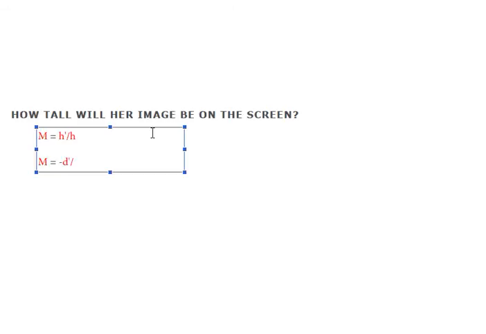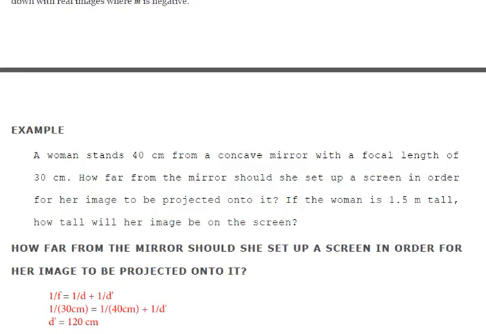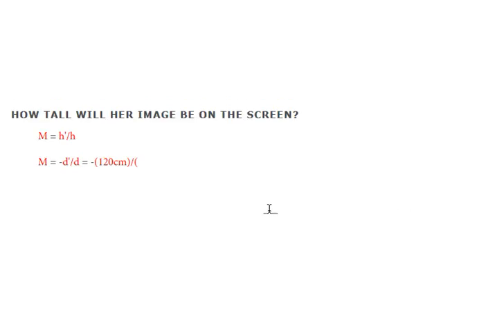Negative d prime divided by d. So we know both of these things. So we have negative 120 centimeters, that's the value we just found, divided by, what was hers? She's 40 away. Alright, so we find that the magnification is -3.